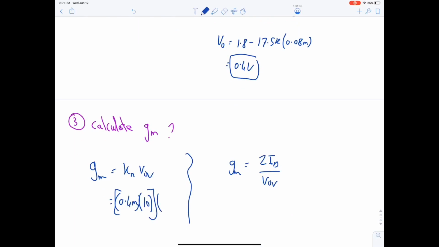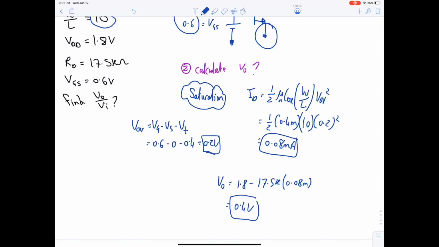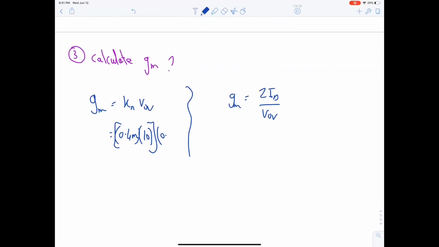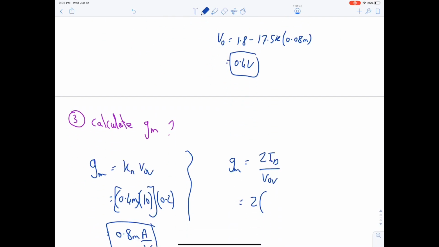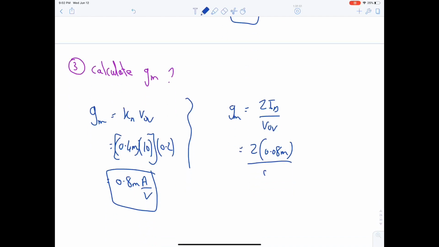Then we need to multiply by VOV, which is 0.2. This will give us 0.8 milliampere over volt. Same thing here, 2ID. ID is what? 0.08 milli. And VOV is 0.2. This will result in 0.8 milli A over V.